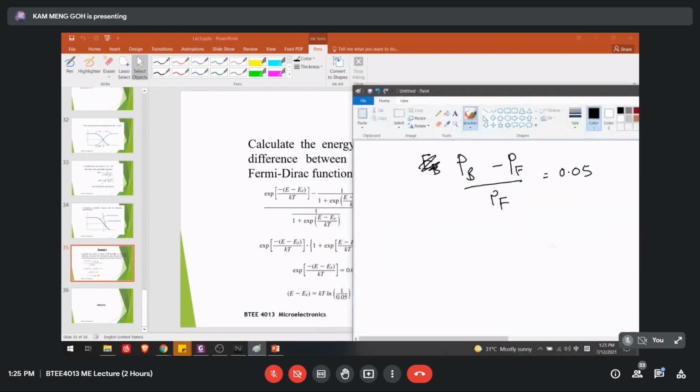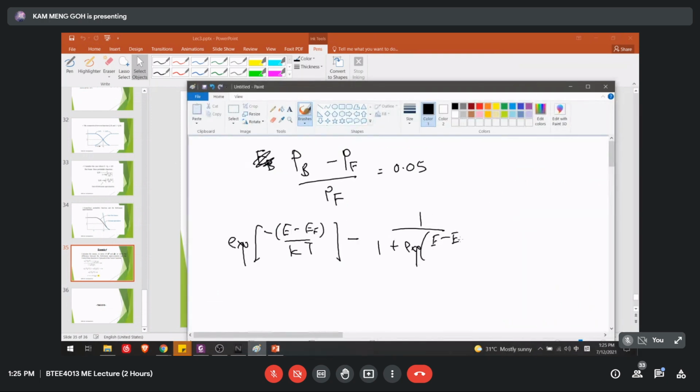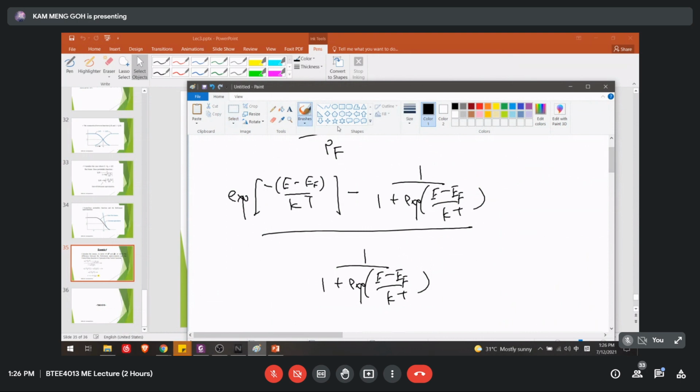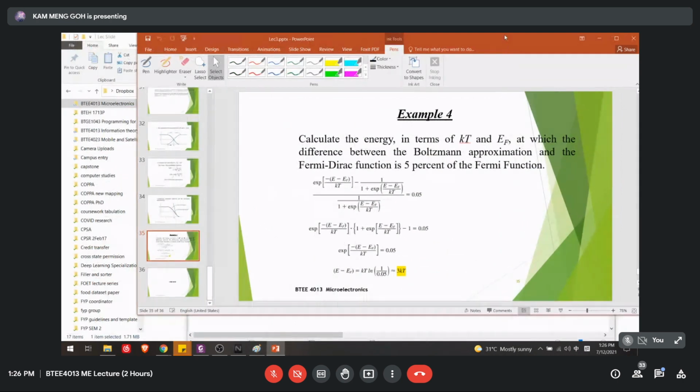Based on what we learned just now, the Maxwell-Boltzmann approximation for the probability equals exponential of minus (E minus EF) over kT, minus the normal one, 1 over 1 plus exponential of (E minus EF) over kT, divided by this one, to be equal to 0.05. Actually the slide already gives the answer.